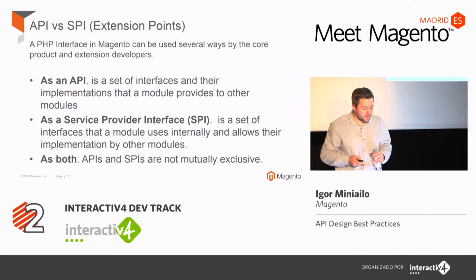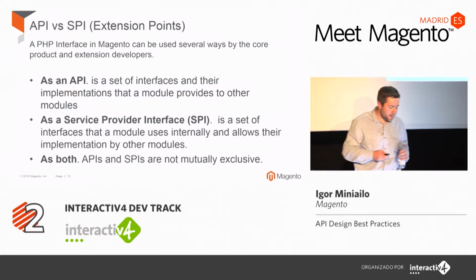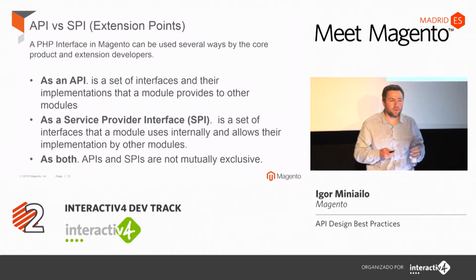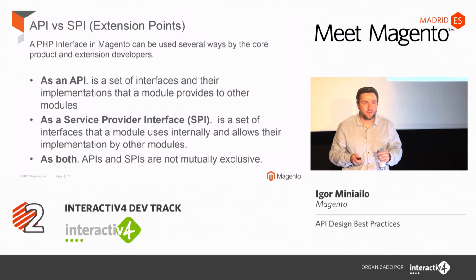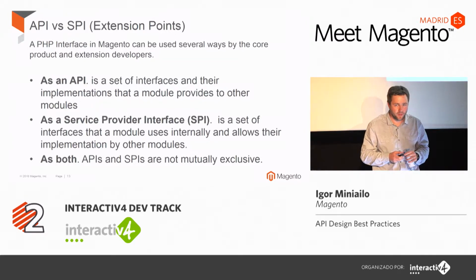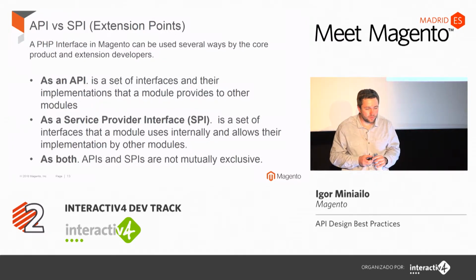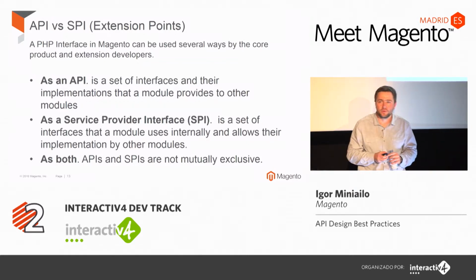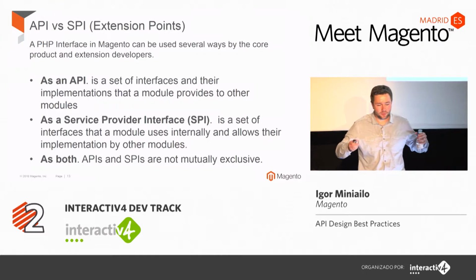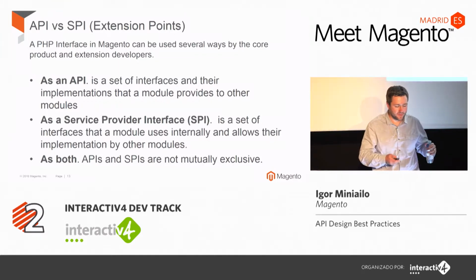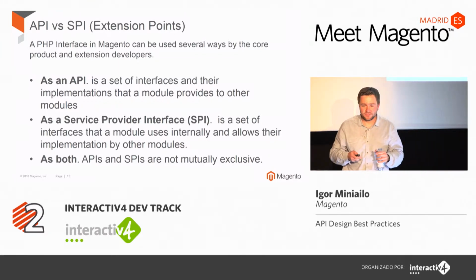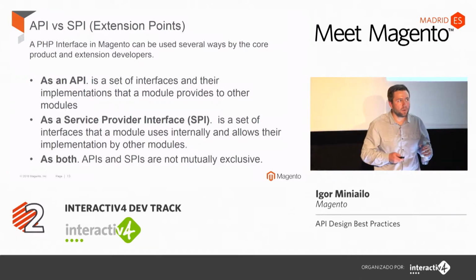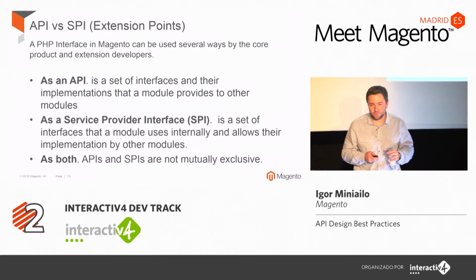Another scenario is when some of the guys use the interface as an SPI, and other guys use the interface as an API. If we return to the example with the product repository, one guy could just use the product repository to load data, update, and save, but another guy decides to bring some performance update to the product repository.